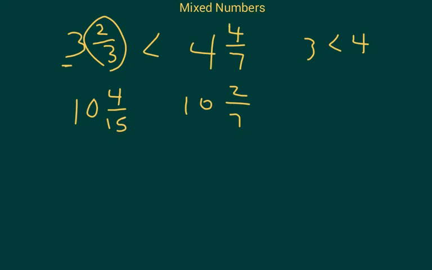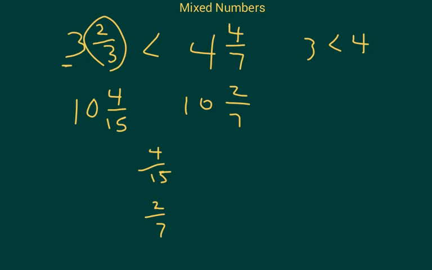In order to do that, we have to find a common denominator for 15ths and 7ths. And when we count by 15s to figure out what's the first one that 7 goes into, we go 15, 30, 45, doesn't work, 60, 7 doesn't go into 60, 75 doesn't work, 90 doesn't work.